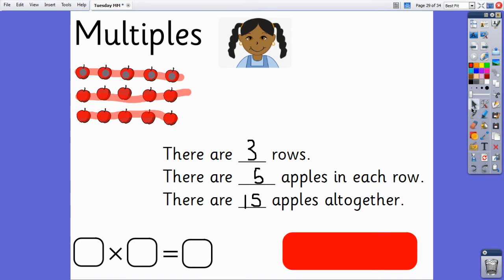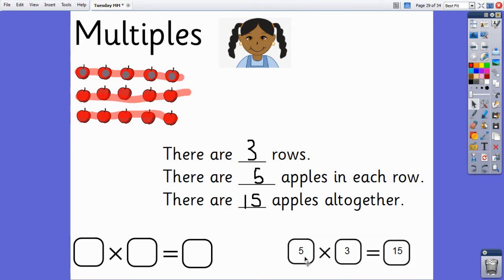Could you now please pause the video and complete a multiplication equation for this array? Let's check our answer. You should have had the multiplication equation 5 multiplied by 3 equals 15. Good work, Year 2.